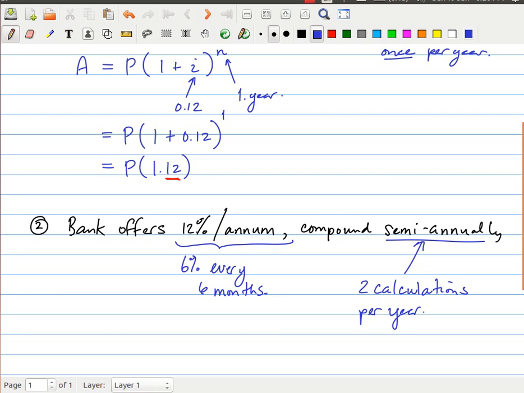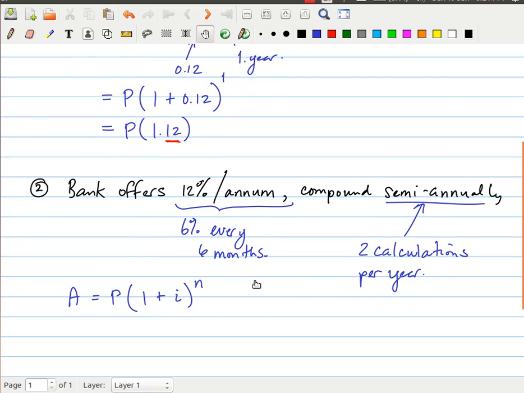And the bank knows this. In making this offer, they're basically saying that we're going to phrase it this way. We're going to call it 12% per year, compounded semi-annually, but the bank actually understands that they're going to be paying more than 12% per year. And in this case, what would that calculation look like? The amount is going to be equal to the principal multiplied by 1 plus i to the exponent n. And again, I'm just going to do the calculation for a single year.